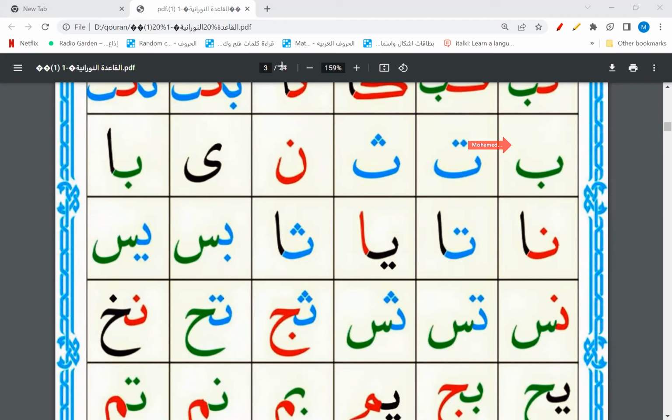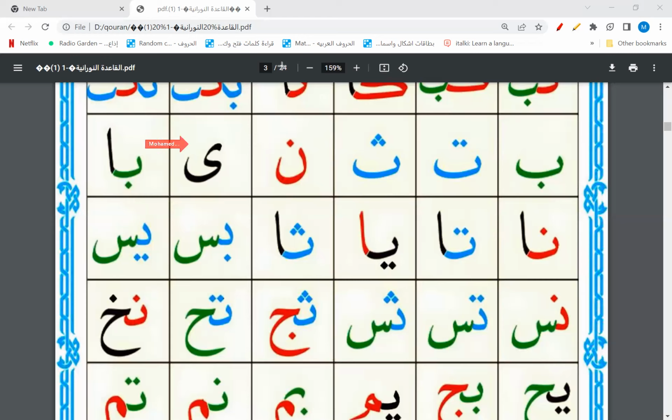So this is ba. How many? Where are they? One at the bottom. This is ta. 2 at the top. And this is tha. 3 at the top. Very good. And this is na. 1 at the top. Very good. So remember this.